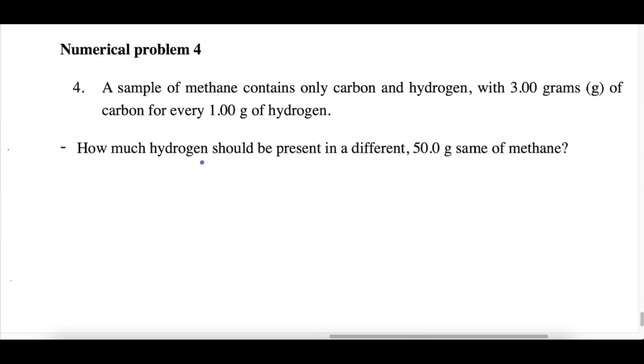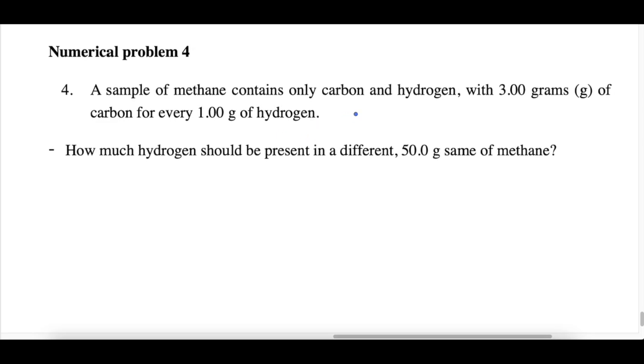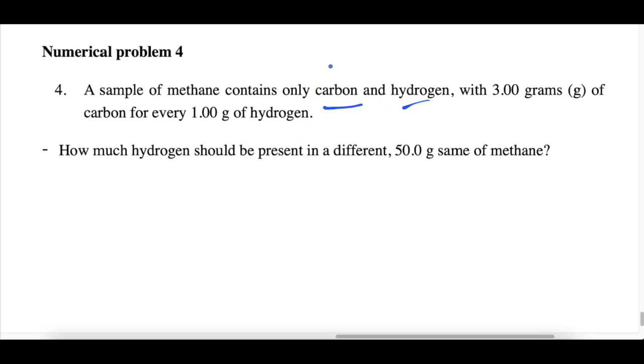In the fourth numerical problem, we have a sample of methane that contains only carbon and hydrogen. It is given that there are 3 grams of carbon for every 1 gram of hydrogen.